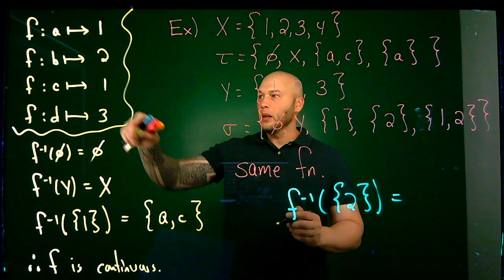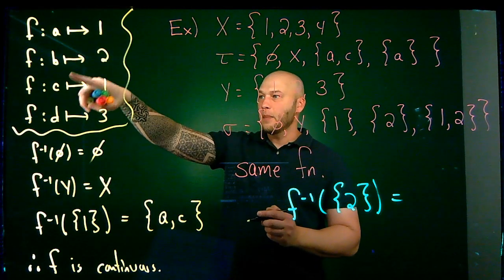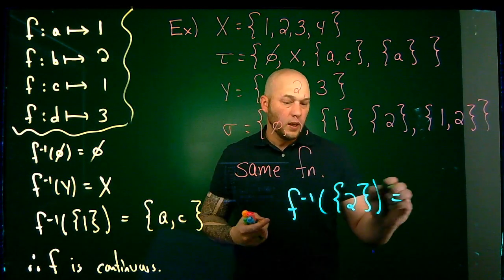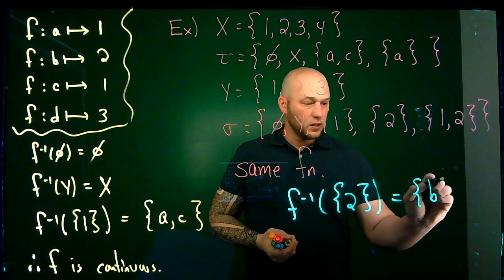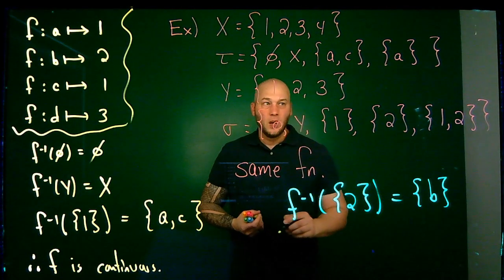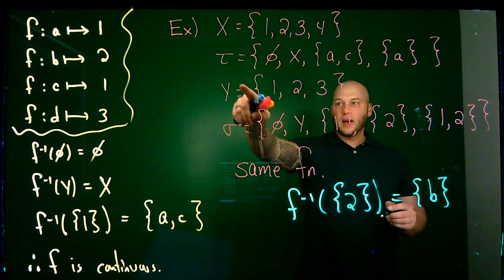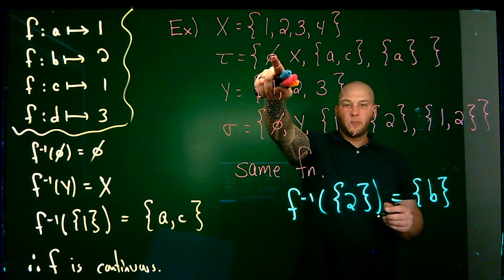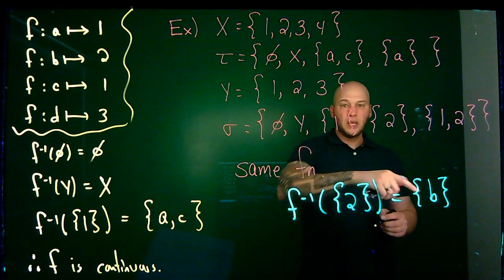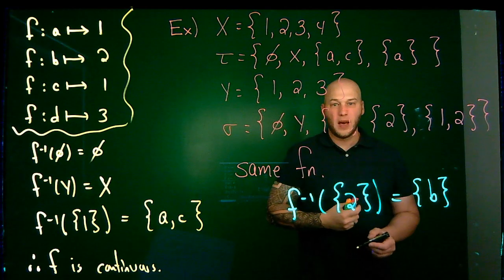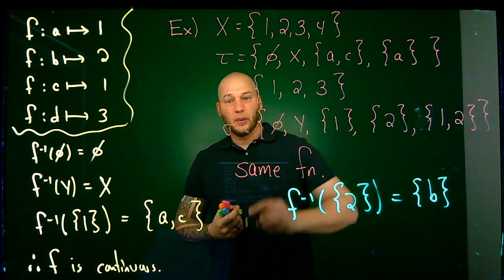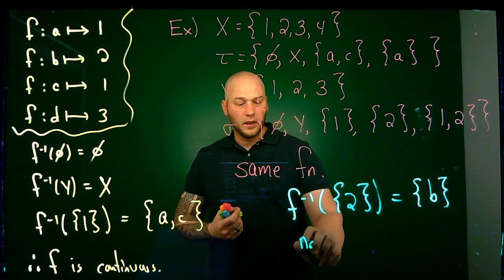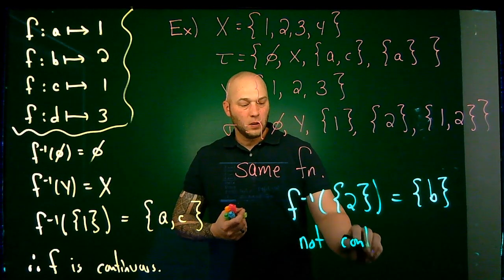Well, the only element within this domain that maps to the number 2 would be B. That means that the pre-image of the singleton 2 would be the singleton B. But if I look up here at my domain space topology, the singleton B is not an element of that. Therefore, this function between these two topological spaces would be not continuous.